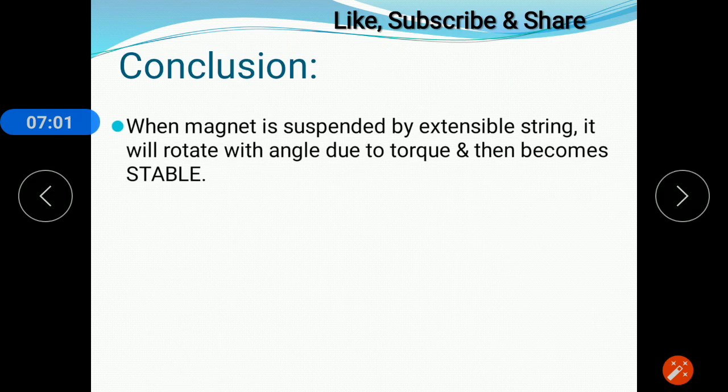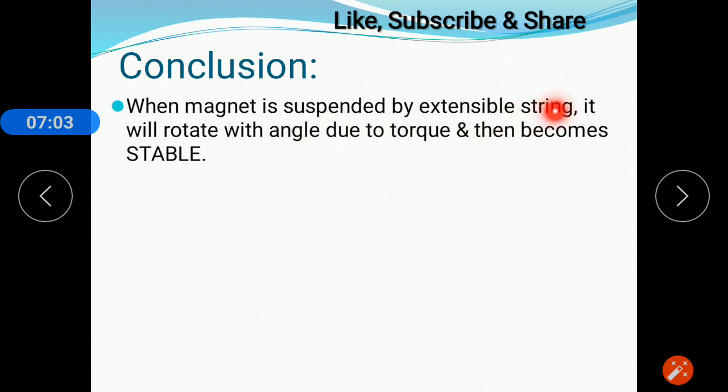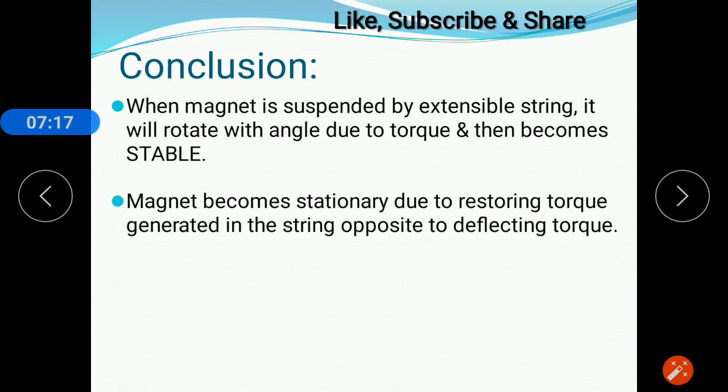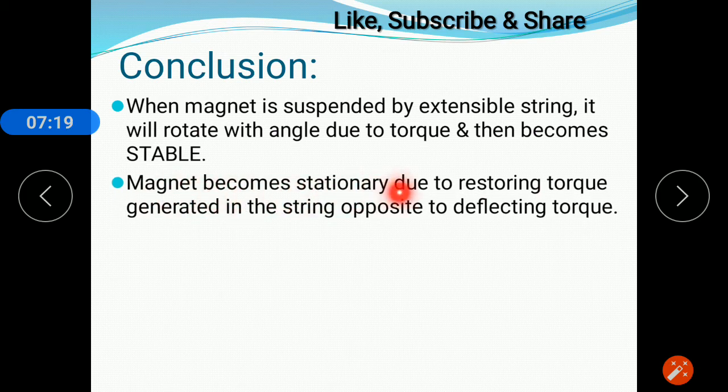Now what is the conclusion? When the magnet is suspended by an inextensible string, it will rotate by an angle, not continuously. Why does it rotate? It rotates due to the torque, and then it becomes stable. Why does it become stable? Because of the restoring torque generated in the string. What is the restoring torque?